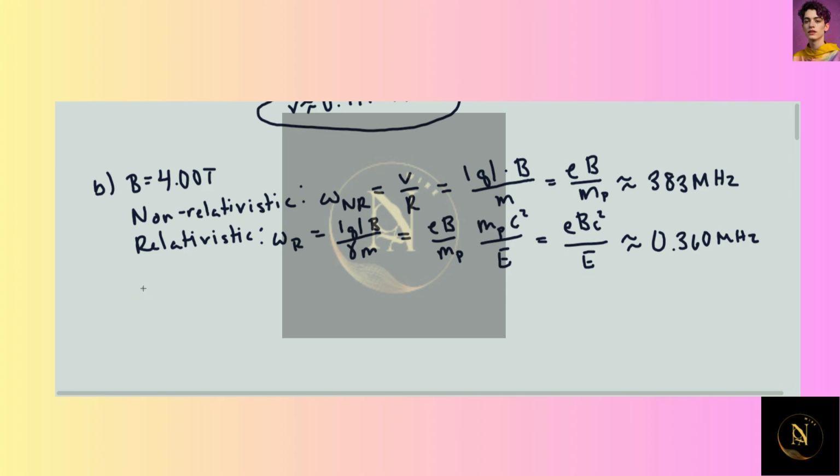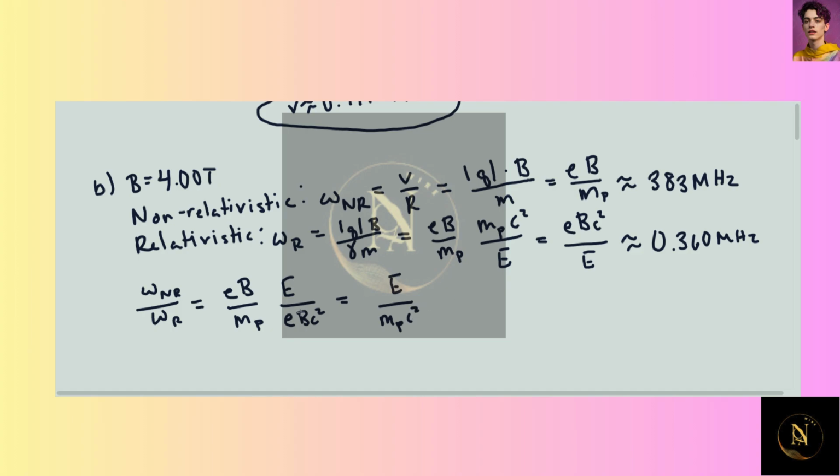So then comparing the two of them, you can either plug in directly or you can simplify a little bit. We know that omega non-relativistic was EB over proton mass, whereas omega relativistic was EB c squared over E, the energy. If you simplify this, you get E over mp c squared.